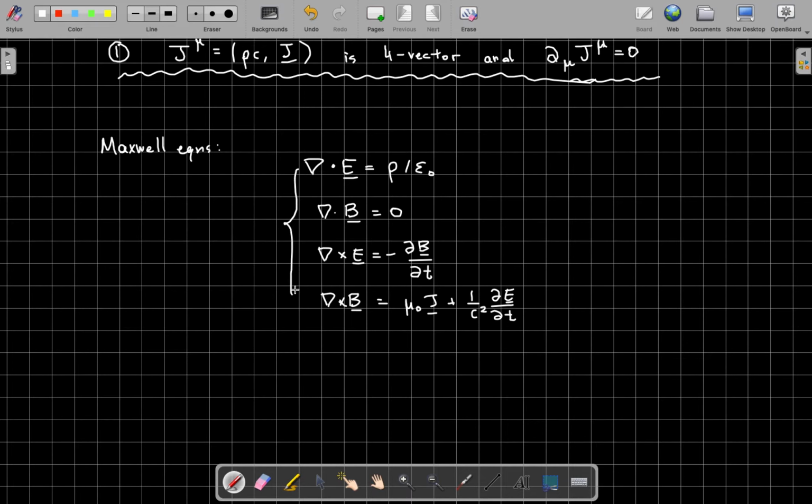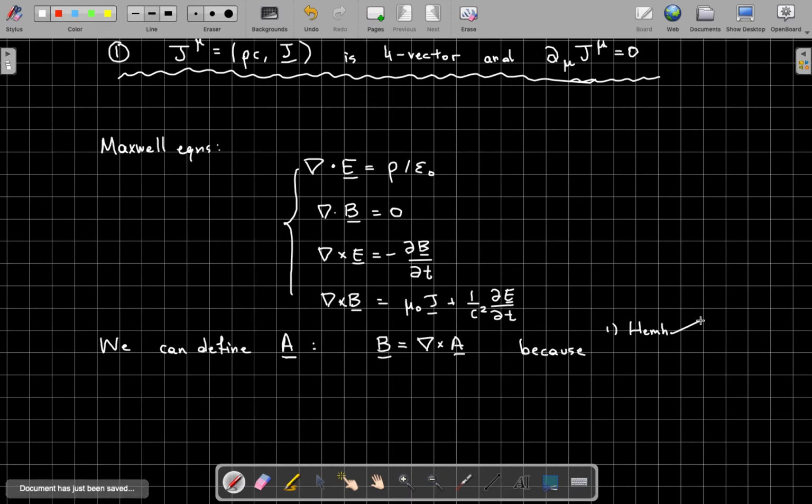One important thing that you should remember from your electromagnetism course is that we can define a vector potential, which we call A, such that B is equal to the curl of A, right? And this is because of, firstly, the Helmholtz theorem.